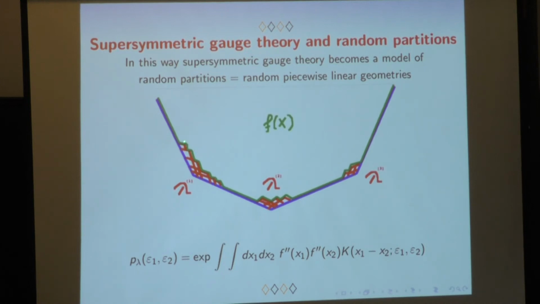The particles being the corners of this green piecewise linear function, which is the boundary of this picture. And there is a two-body interaction kernel.